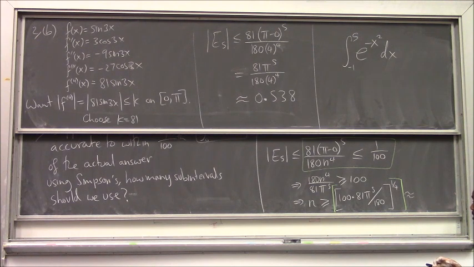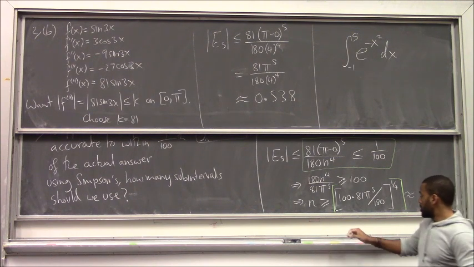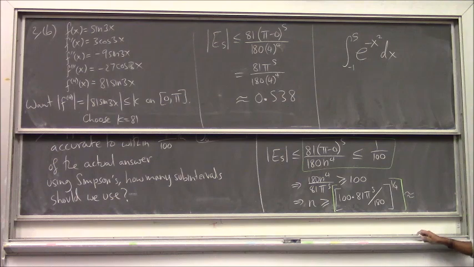It's actually not a lot. This is around 10.8. So this is around 11, but for Simpson's, you bump it up to 12.